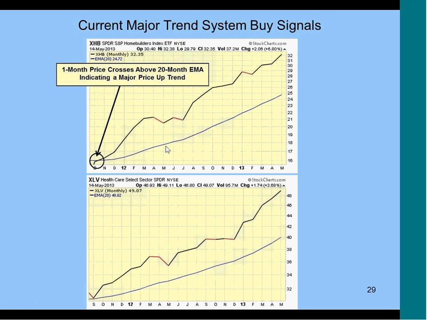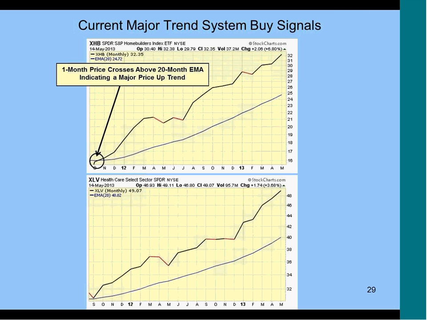So just by looking at this chart, you can see the Home Builders ETF is in a very strong price uptrend, and the 1-month price has remained above the 20-month EMA, indicating a buy signal with the major trend system.